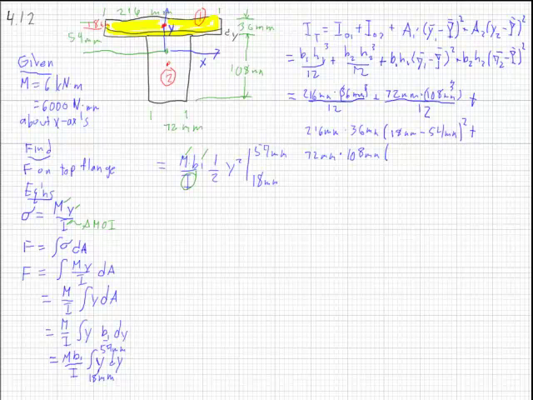Well, we have to take this 36 millimeters and then add half of the height here, which happens to be 54 millimeters, half of 108. So we've got 36 plus 54 is the little y bar, minus the big Y bar, which is 54 millimeters. And that whole thing gets squared.